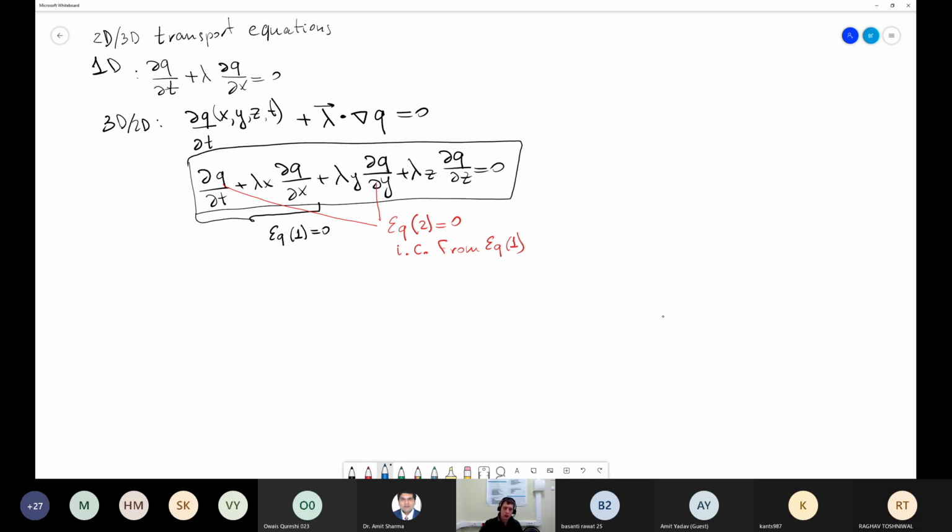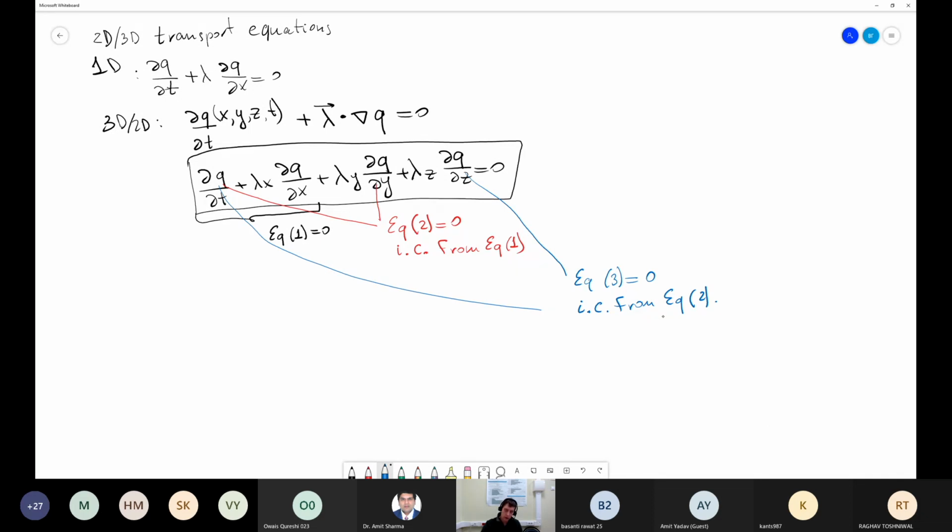Finally, we use this part of the equation as equation 3 equal to 0, dq over dt plus lambda z dq over dz equals 0, with the initial conditions obtained from step 2, from the solution of equation 2.